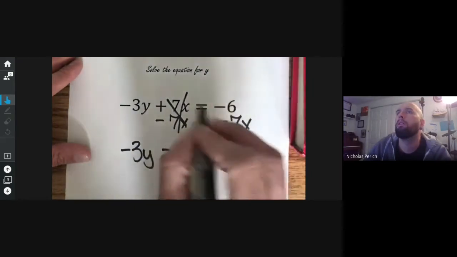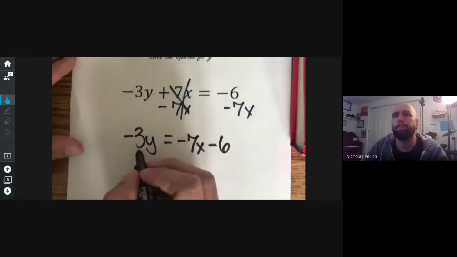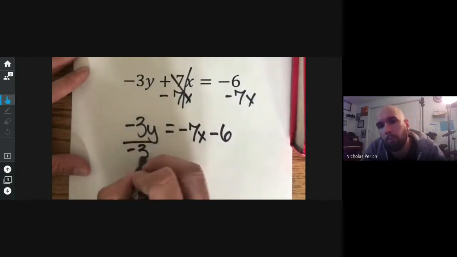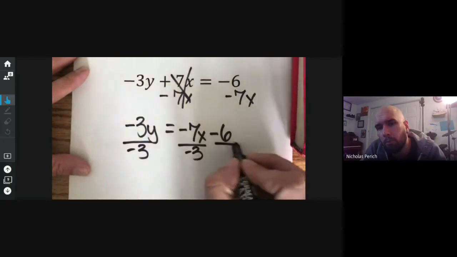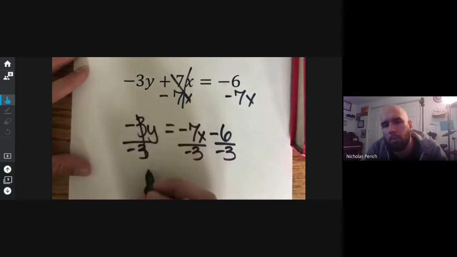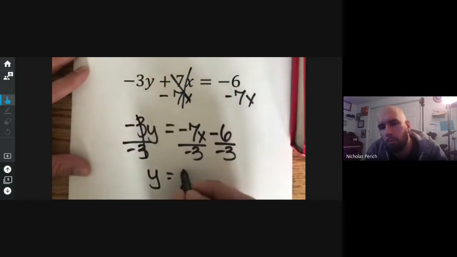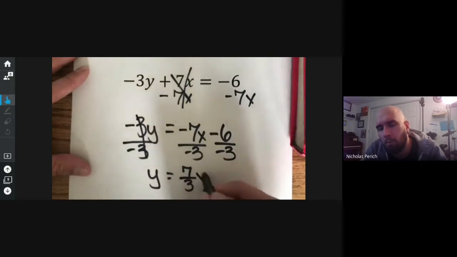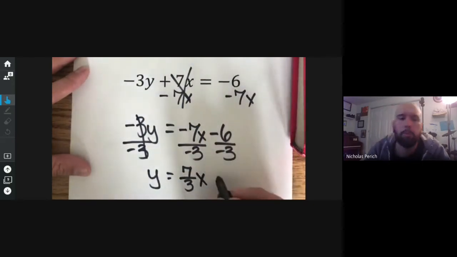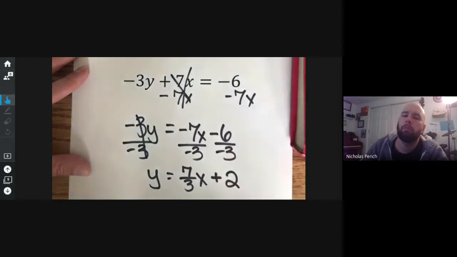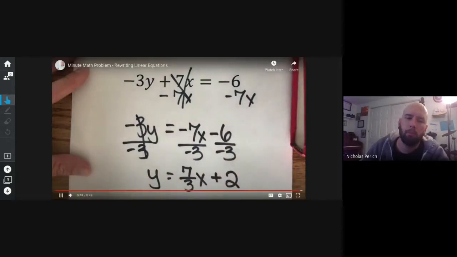So we're going to write out -7x minus 6 because they're both negative. Y is still not all by itself. You have to divide everything by -3. And when you do that, negative over a negative is a positive 7/3 x. Negative over a negative is a positive 2. And that's it.